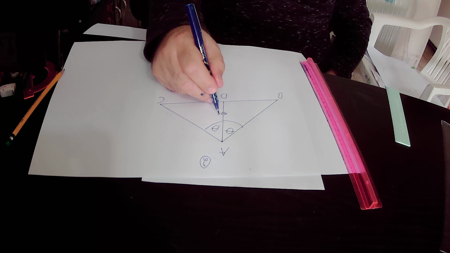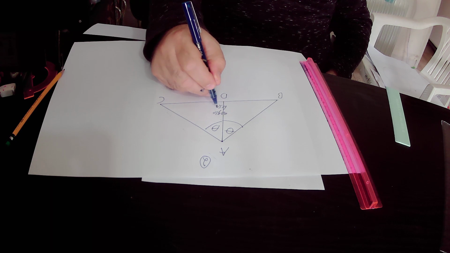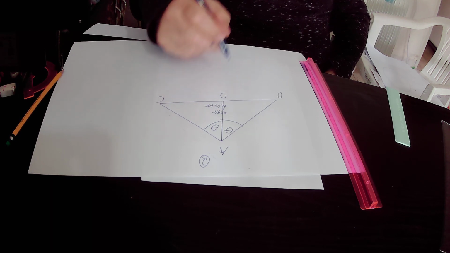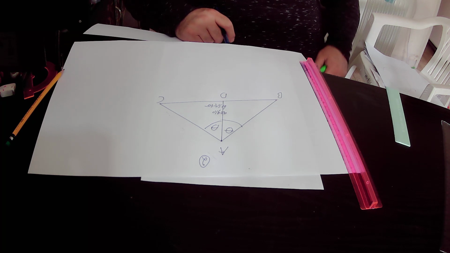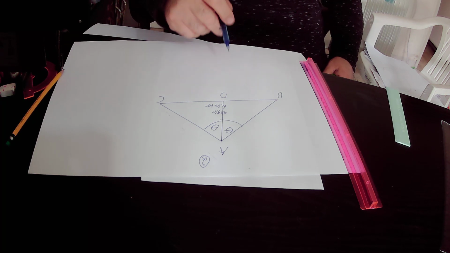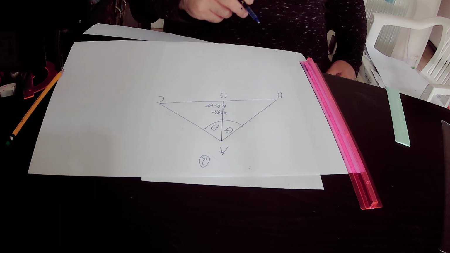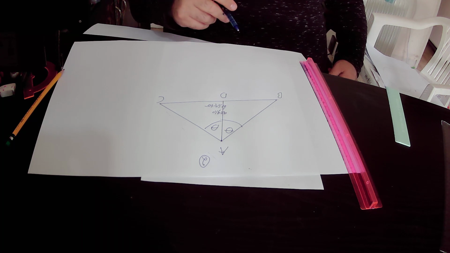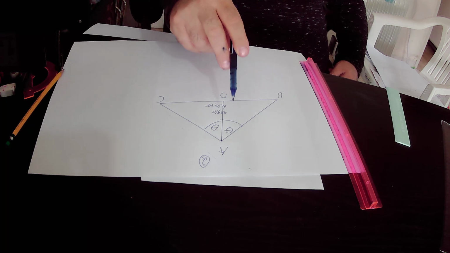I will write it here, angle bisector. So according to the angle bisector theorem, the angle bisector in a triangle, that is to say line segment AD, divides the side that it hits.